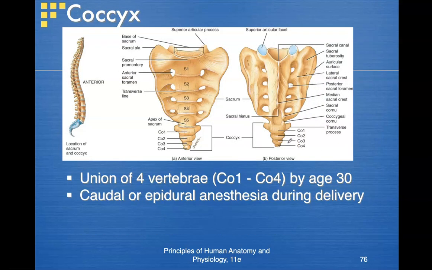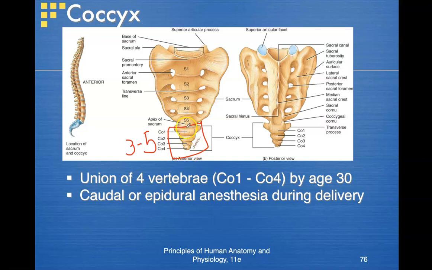And then the last bit here is the coccyx, or the tailbone. They put 4, but there could be anywhere from 3 to 5. They just picked the average. And again, these are going to fuse around the same age, by 30. These bones will be fused, forming what we call the tailbone.